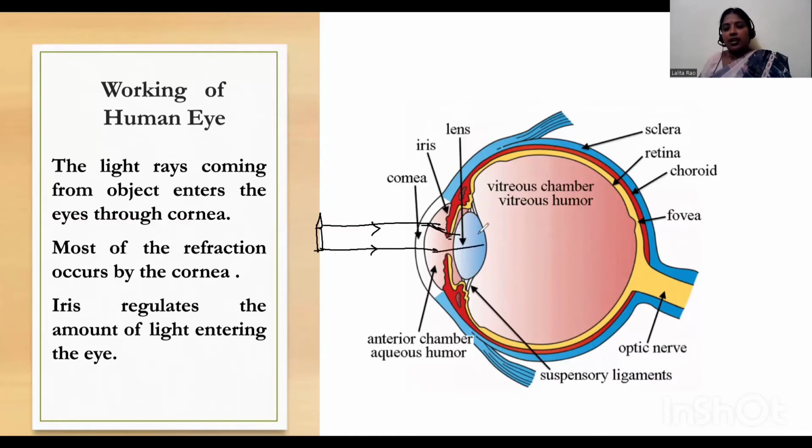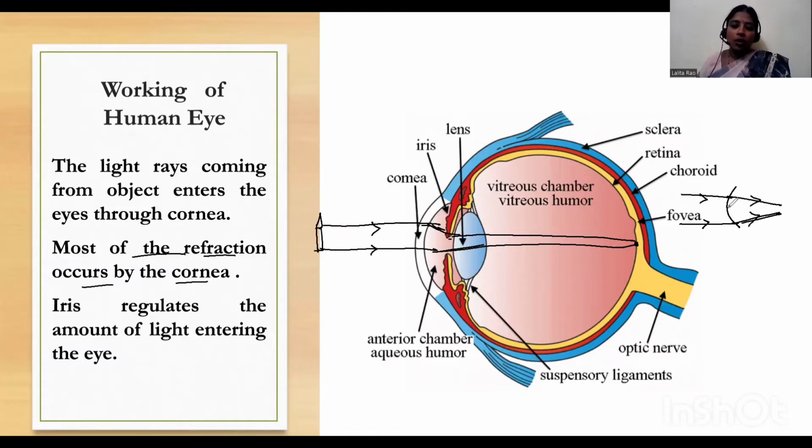These converged rays go and meet at the lens, again they get converged and form the image, they meet on the retina. Most of the refraction occurs by the cornea only, because the cornea's shape is a little convex, so it already converges. Most of the convergence takes place by the cornea.